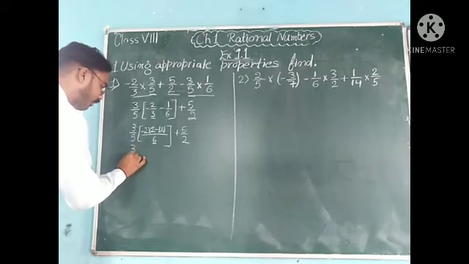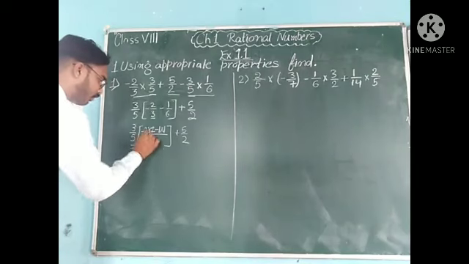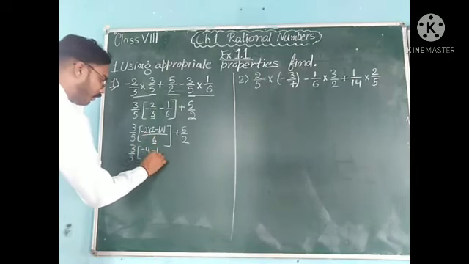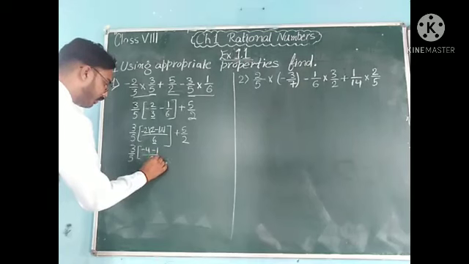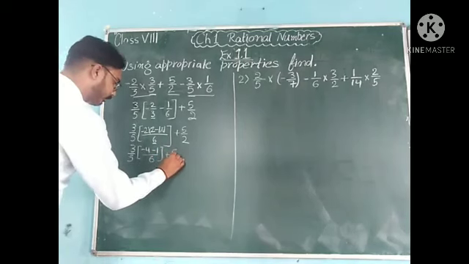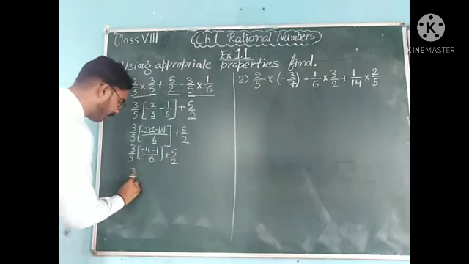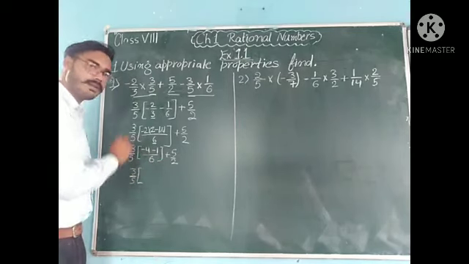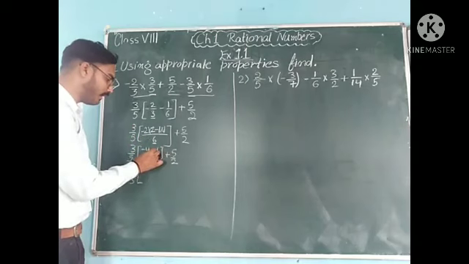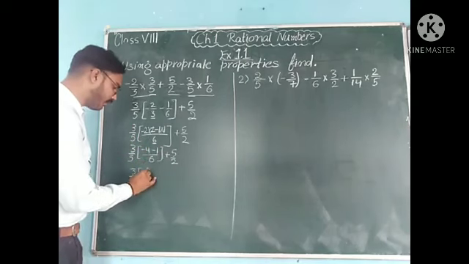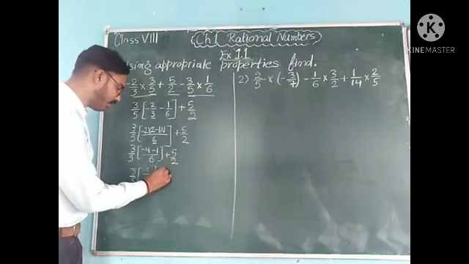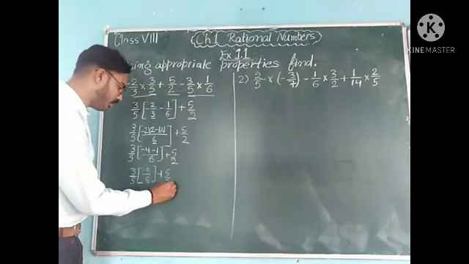So 3 over 5, 2 to the 4. And here is 3 over 5. As we know, minus minus is plus. So minus 4 minus 1 is minus 5 divided by 6, plus 5 by 2.